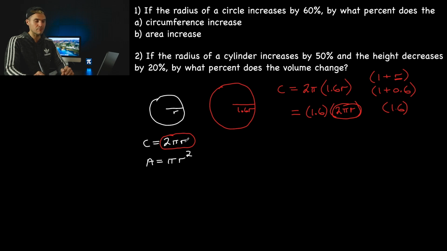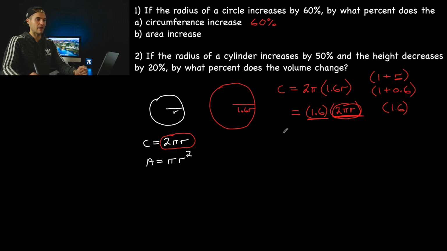But because the circumference is a linear function, if you increase the radius by a certain percentage, in this case by 60%, it means the circumference is also going to increase by that same percentage, which is 60%. So the circumference increased by 60% because we're taking the original circumference and multiplying it by 1.6. And so it's basically increasing by 60%.